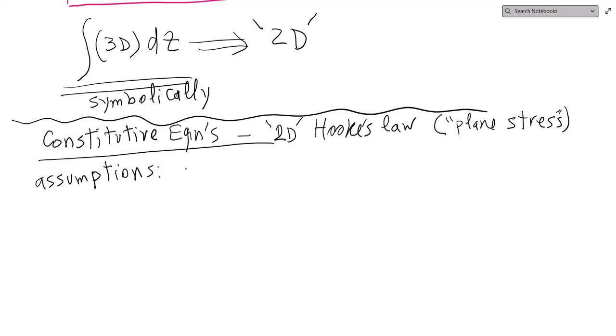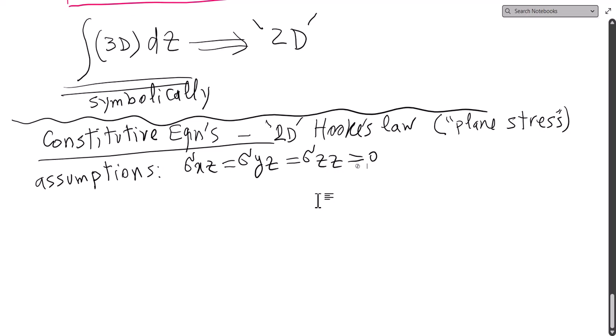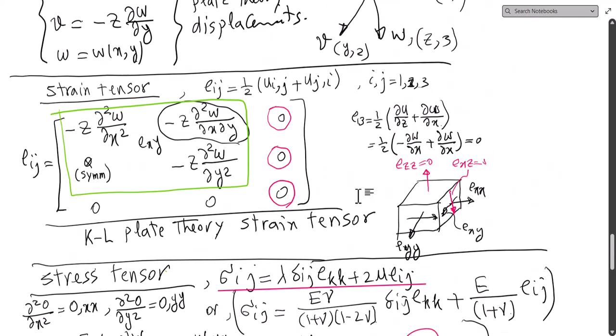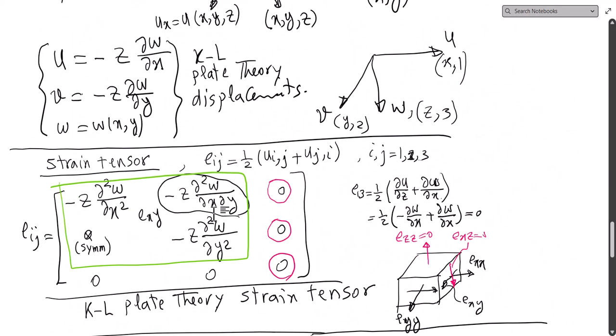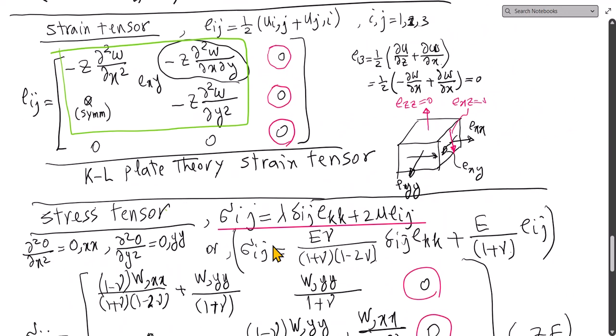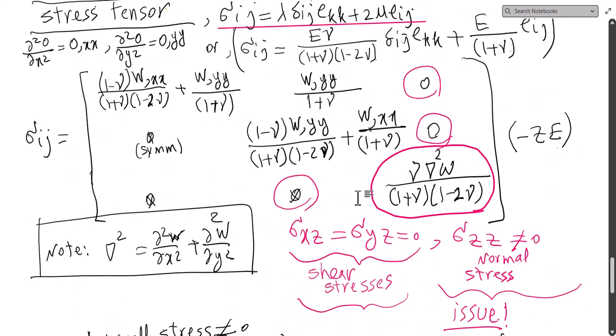The assumption is this: sigma xz equal to sigma yz equal to sigma zz is 0, which, if we compare this assumption to our strain tensor, is these three elements here which are 0 and the corresponding symmetric ones.